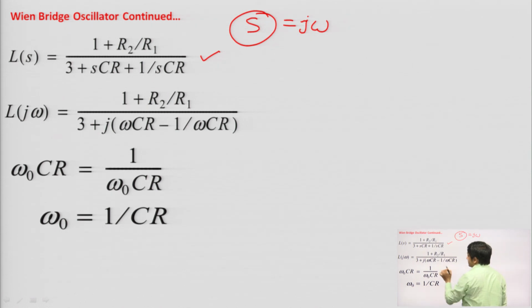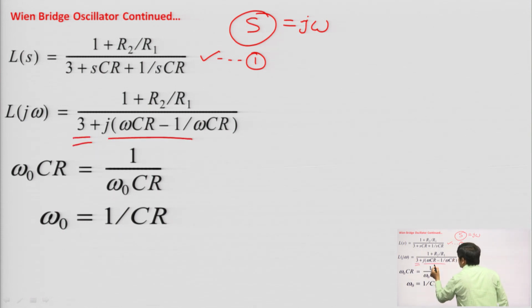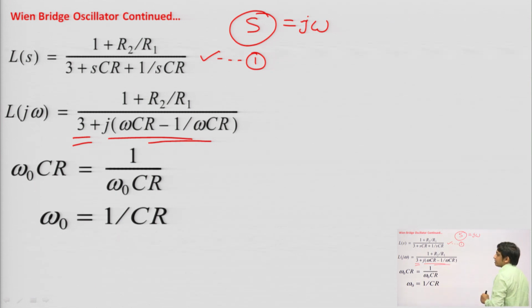Let us say it is equation 1. Putting S equal to j omega, then in the denominator separate the real term and imaginary terms, real part and imaginary part.